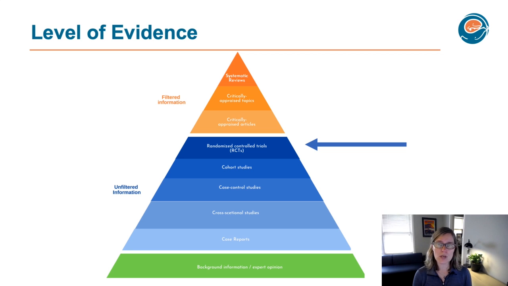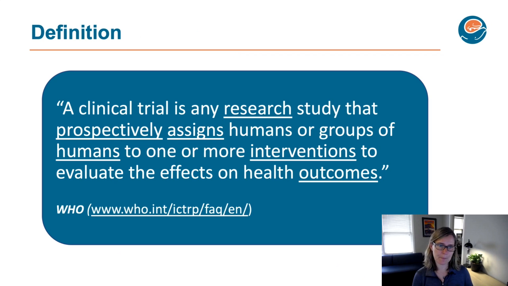And in this course, we're going to live in the blue area. So we're going to talk about these different types of study designs and how we actually create them. And we're going to start with RCTs. And so we want to do an RCT when the level of evidence that already exists suggests that this is the next important step.